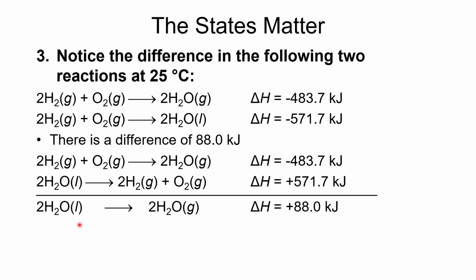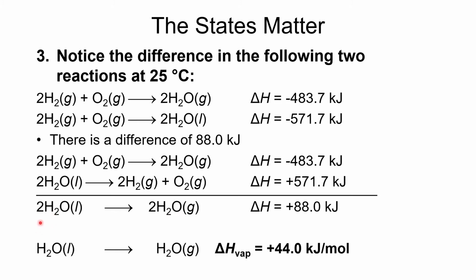Now, in a very similar fashion to what we did with Rule 1, if we don't want these 2 moles here, let's say we wanted this per 1 mole, well, then we could divide that by 2, but we need to divide this by 2 as well. And since now we have 1 mole of water getting converted into 1 mole of water vapor, we can do this as positive 44.0 kilojoules per mole.